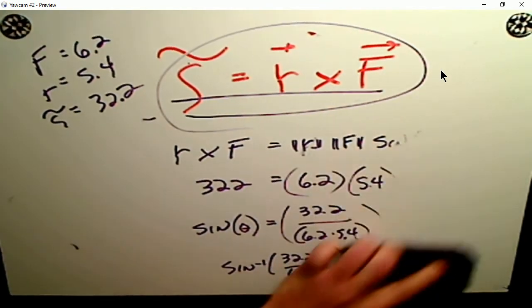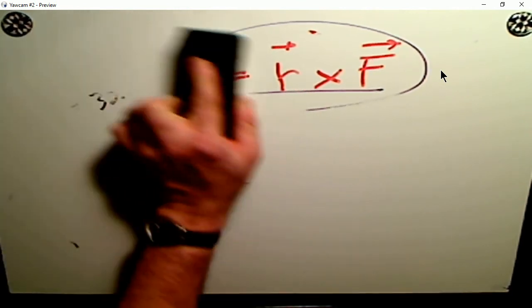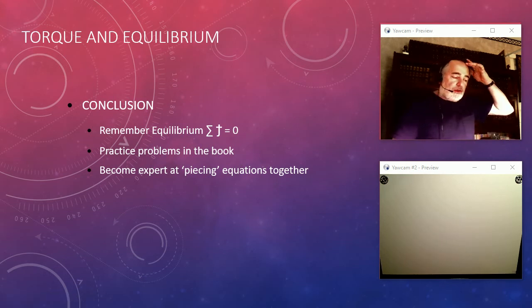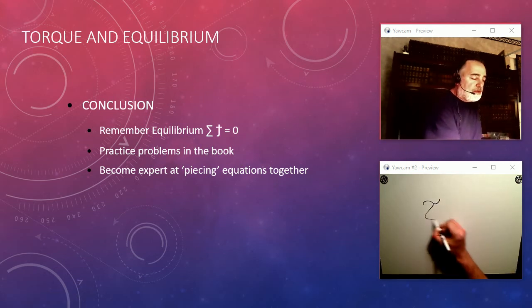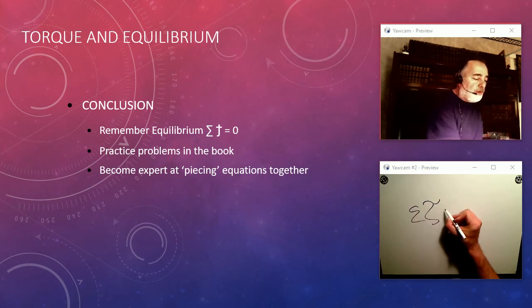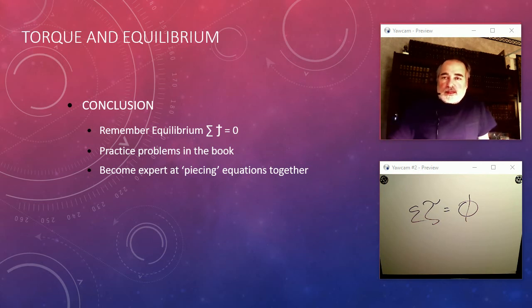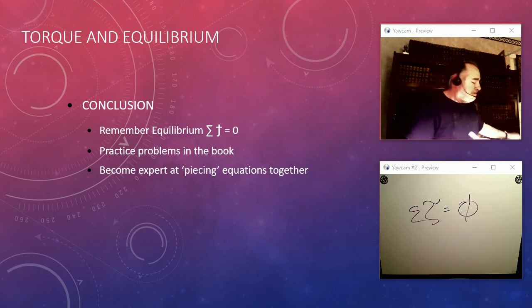So you might want to do a couple of examples of that and get that straight in your head. So, in conclusion, remember that if we're talking about equilibrium, the summation of all the torques has to equal 0. You want to practice the problems in the book and be expert in piecing together the equations.